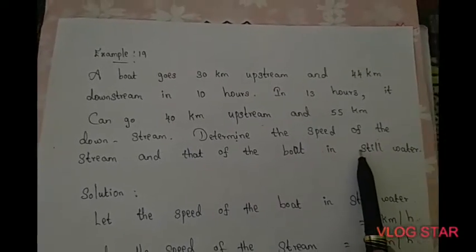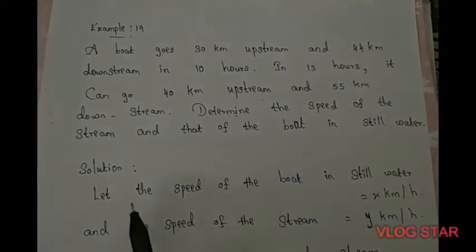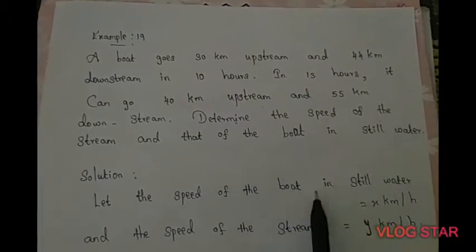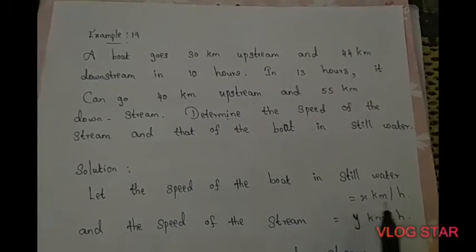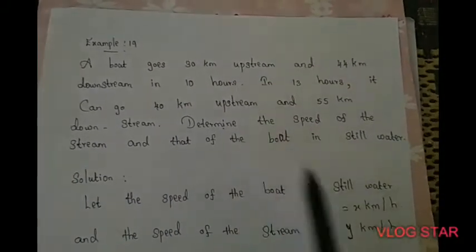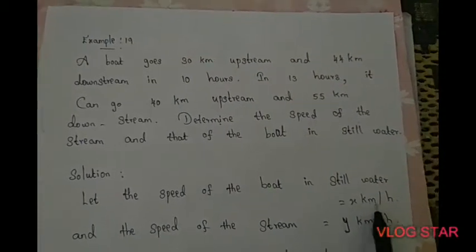So we have to take variables. Let the speed of the boat in still water be x kilometer per hour. We need kilometers and hours, so x is kilometer per hour.